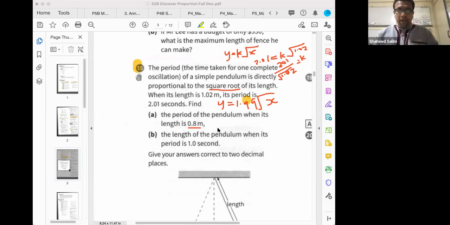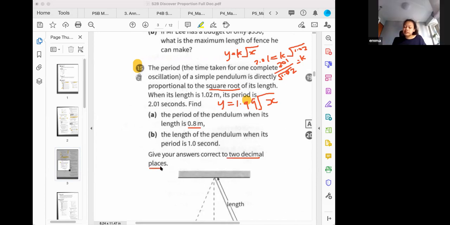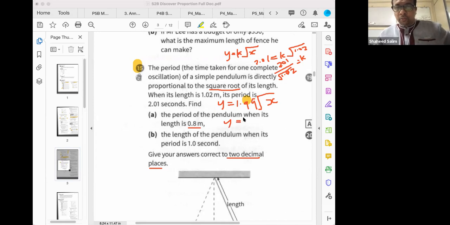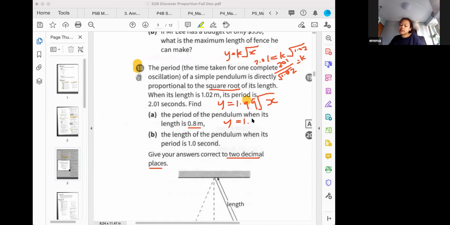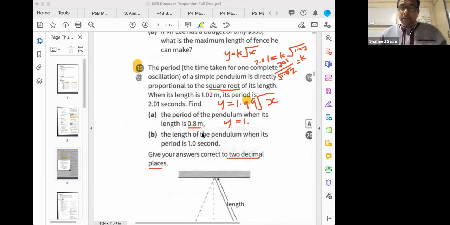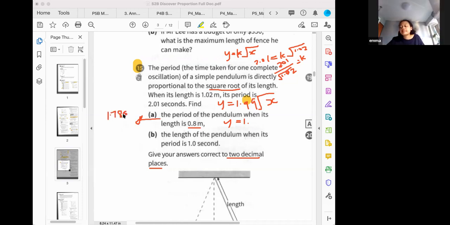They want you to round off to the nearest two decimal places. What do you get? 1.779, so 1.78. So down here the answer is 1.78 seconds. Are you okay? You get what I'm saying?